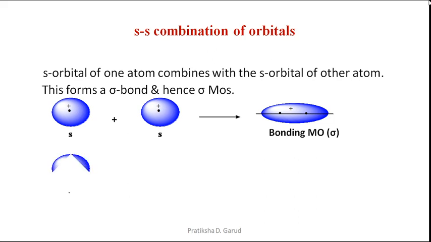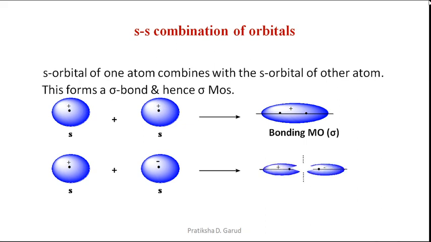Whereas when one S orbital having a plus sign combines with the second S orbital having a minus sign, that means here they are having the opposite sign, then what will be the resultant? There will be a repulsion between the opposite signs, due to which we are getting the formation of the molecular orbitals, and this is the molecular orbital in which there is a repulsion between the two atomic orbitals.